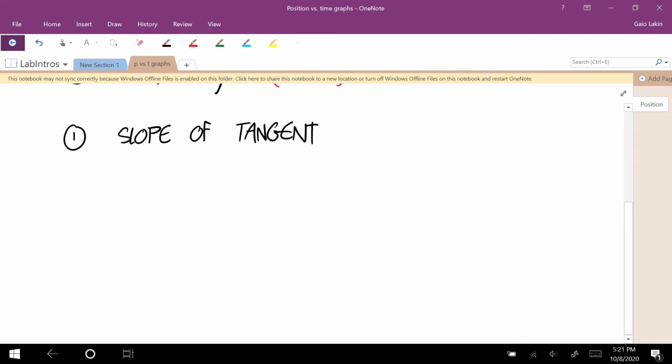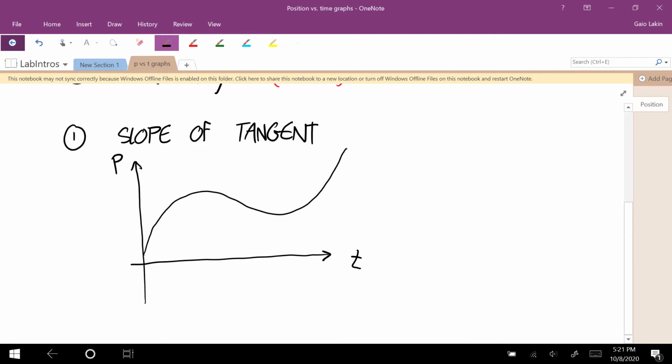Okay, so let's say that we have some graph. Well, I'll still write it as a position versus time graph, but this could be X and Y or whatever. This could be any mathematical graph. And let's say that this graph looks like this. And let's say that we want to know the slope of the tangent line here and here.